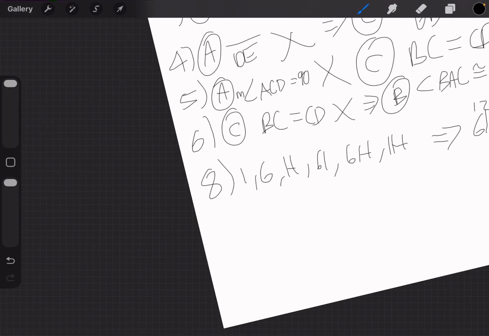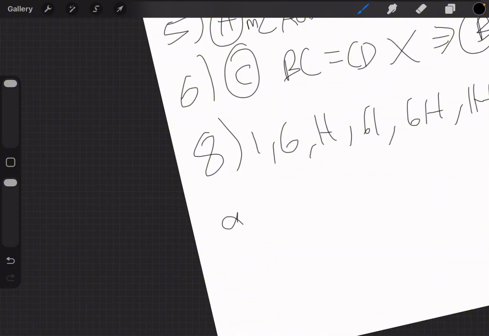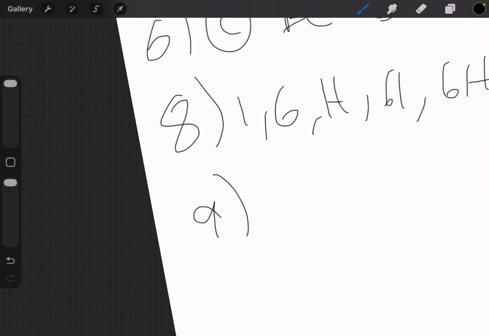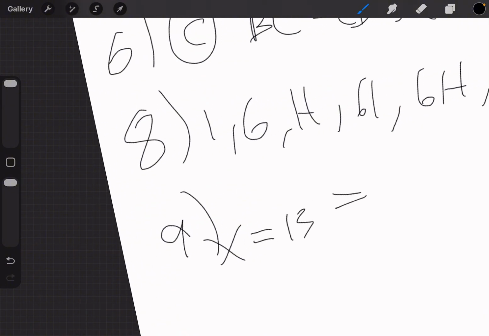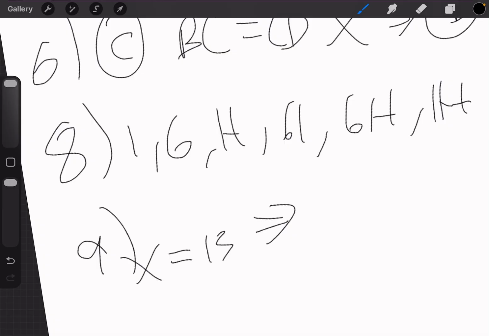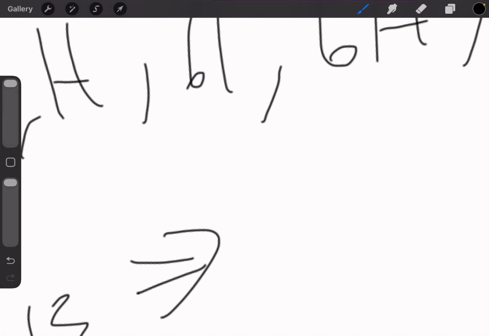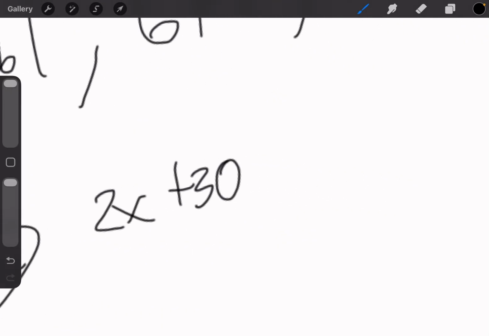The next question I got wrong was 9, and it says, if BD bisects angle ABC, find the value of x. For this I wrote x equals 13, but I was actually wrong, and this is how I actually do it. In the image given, it gives 2x plus 30, and it also gives 3x minus 4.